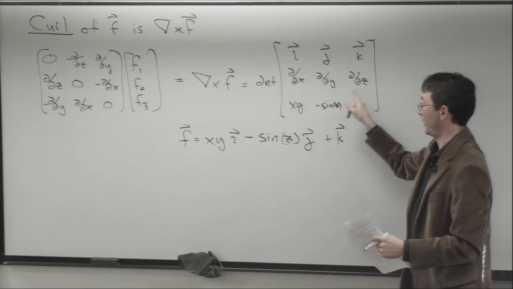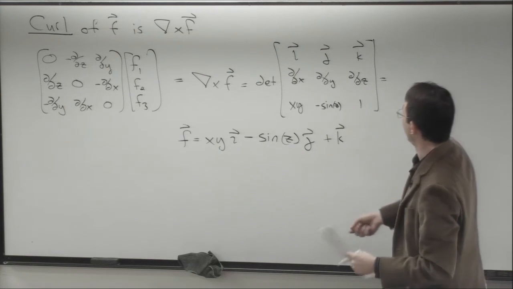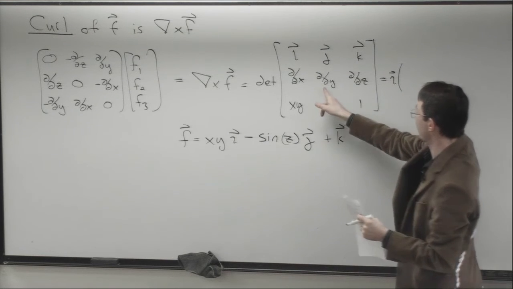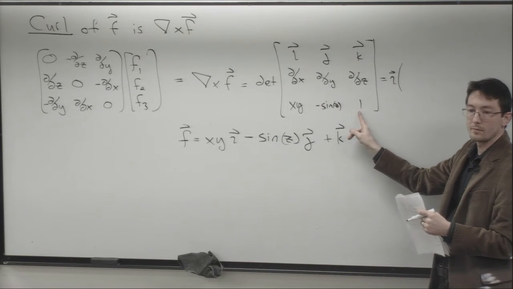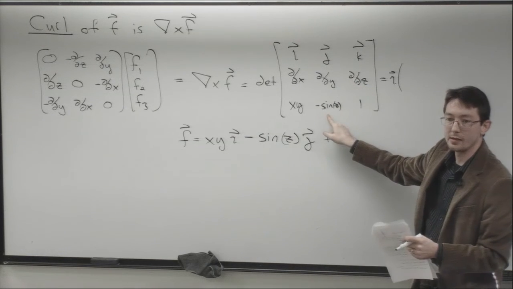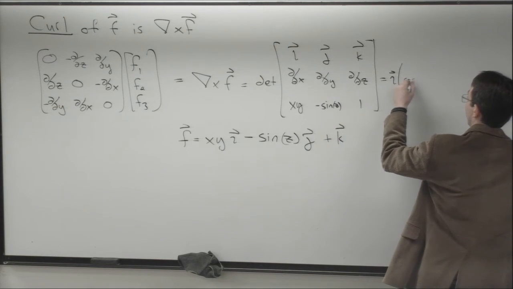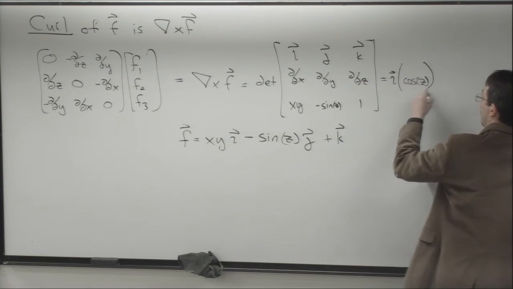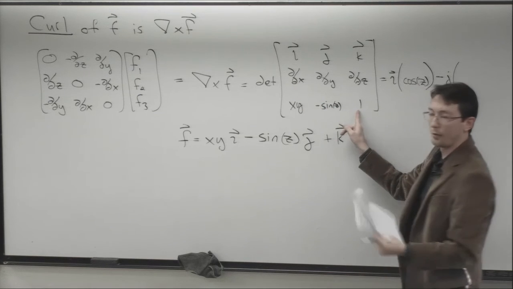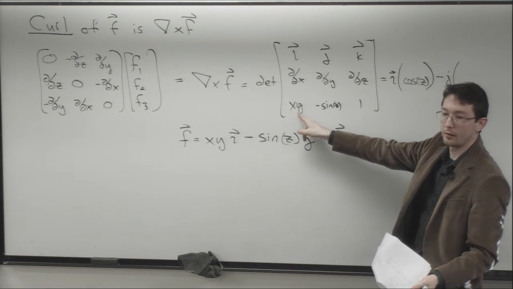And so I can take this determinant of my del operator crossed with my f vector. In the i direction, what's partial y of 1? 0. Then minus partial z of sine of z, so minus cos z, giving me cos z. In the j direction, minus j times partial x of 1, partial z of xy, also 0.